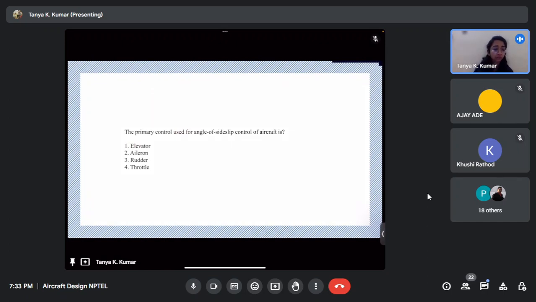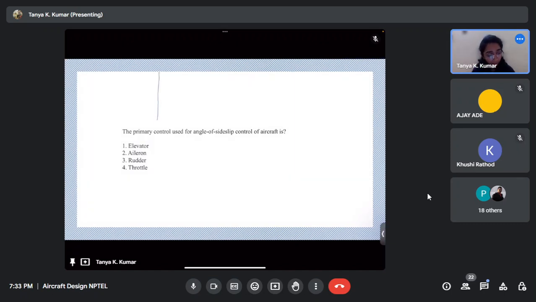The primary control used for angle of side slip control of the aircraft is? What was angle of side slip? Angle of attack was the angle made by V infinity to the chord line. Angle of side slip is the angle made by V infinity to the fuselage reference line.